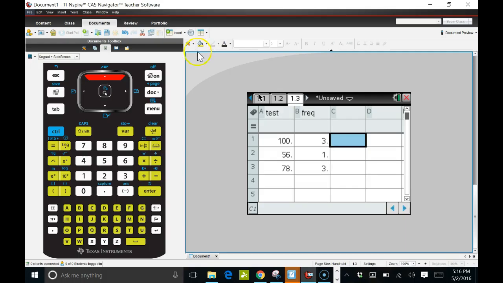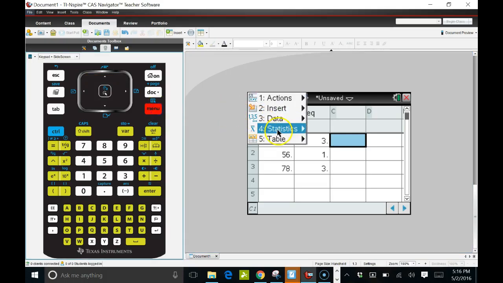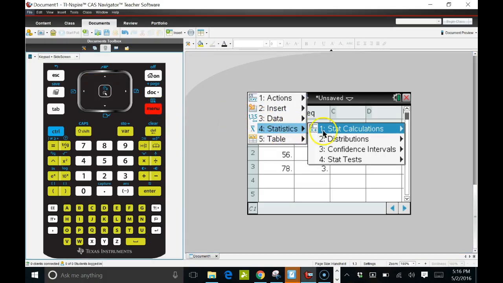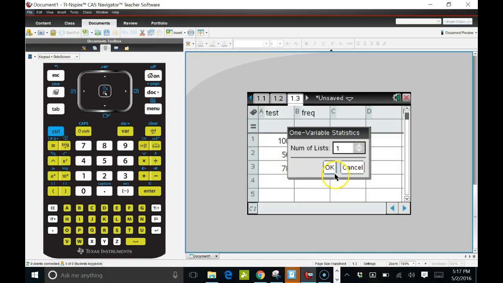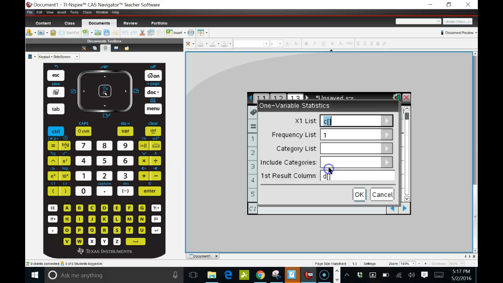Now, I don't have to go to a calculator page. I can do the one variable stats right on the spreadsheet. Menu, stat, calculation, one variable stats. It's still one list because we really only have tests. We just have a second column telling us how many.